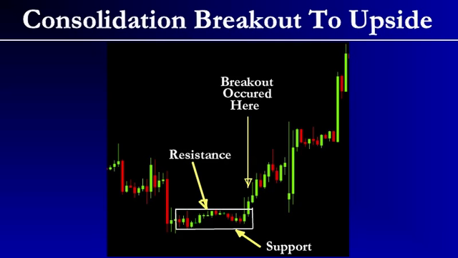If this price had broken out of consolidation to the downside, a candle would have closed below support. So those are ways you can tell when the price breaks out. Now, some traders prefer to wait for 2 candles closing above or 2 candles closing below before they declare it to be an official breakout.